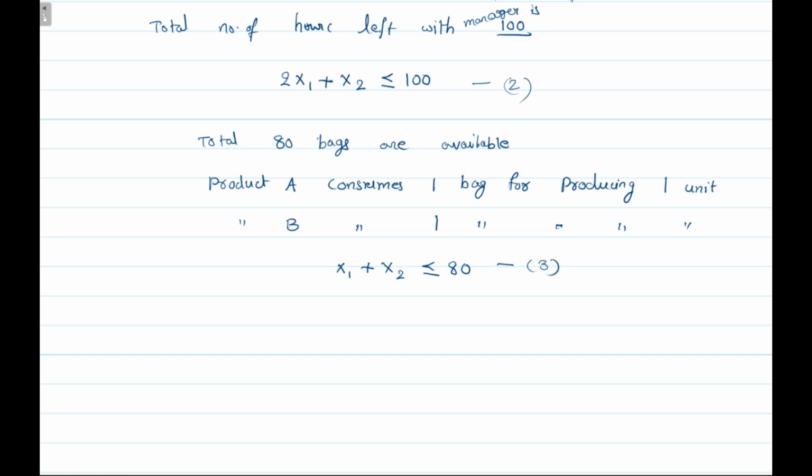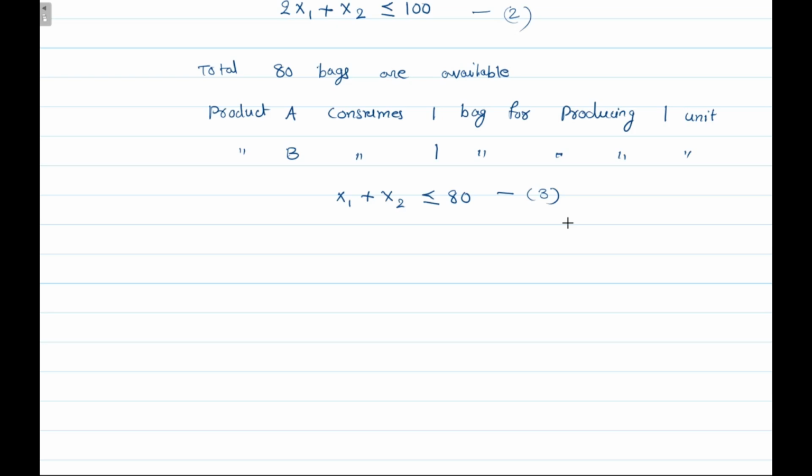And one more, the non-negative constraints. In linear optimization, x1 must be greater than or equal to 0, and x2 also must be greater than or equal to 0. These two constraints are there because the number of units must not be negative, it is positive. So it's one more condition.